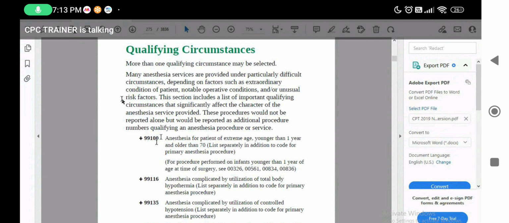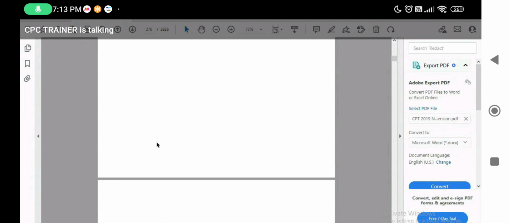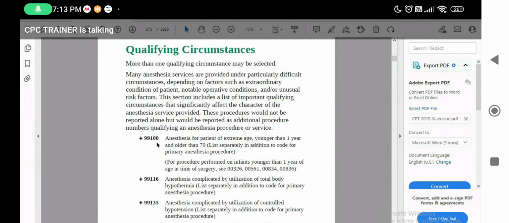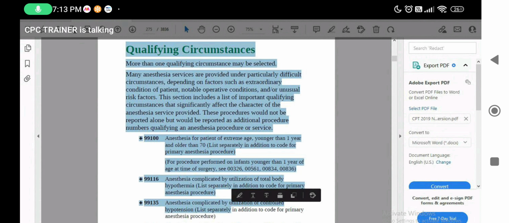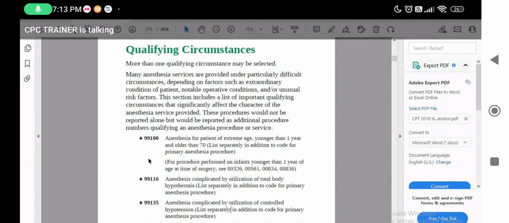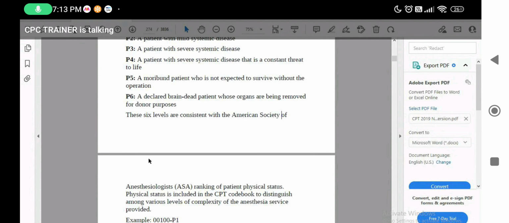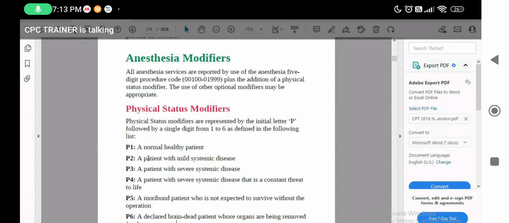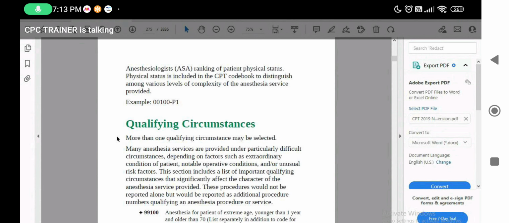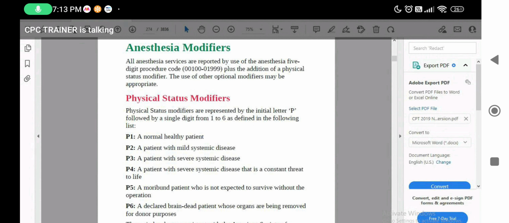Actually, anesthesia code starts with 0000. Before this code, if you scroll up, you have the qualifying circumstance as well as the physical status also. So maybe in your exam, if you receive this question, directly go to this page, check and code.